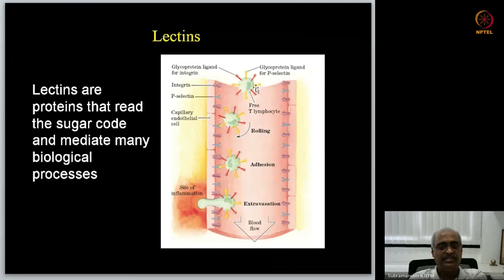So that is how this recognition property of oligosaccharides of glycoproteins and the proteins that bind to them, like selectin in this case, are important in mediating biological processes. Many processes. In this particular example, the process is the immune response to an infection or a site of injury.